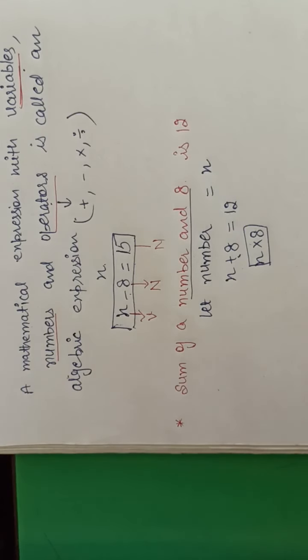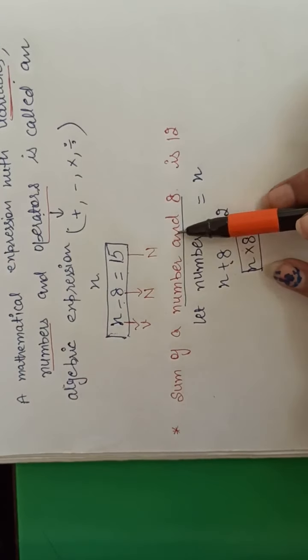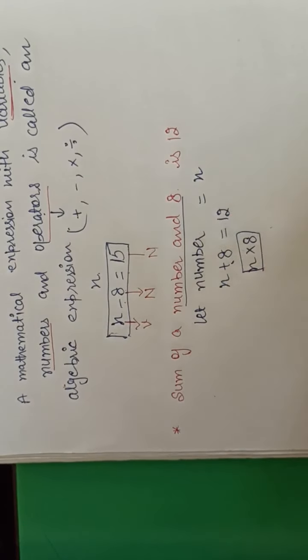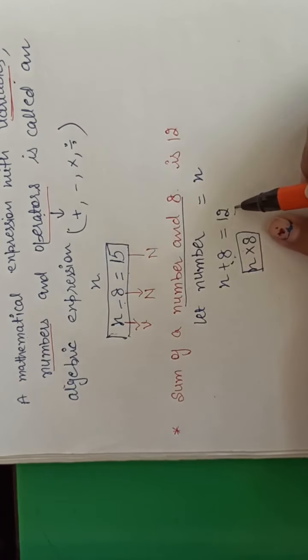Now once again, a mathematical expression with variable, numbers and operator is called an algebraic expression. And when you make the equation from the statement, at that time, firstly you will substitute variables with their values and simplify it. Like this, x plus 8 equals to 12.